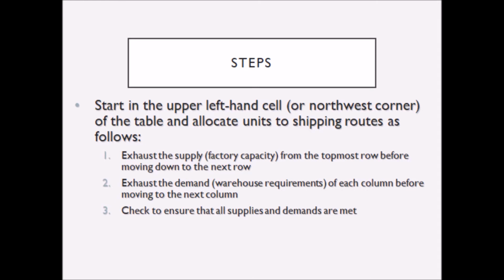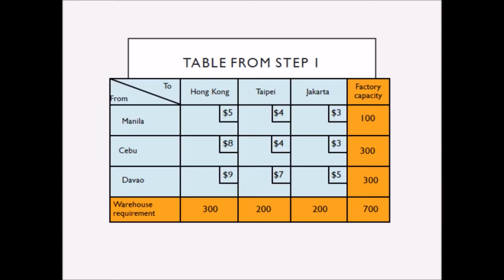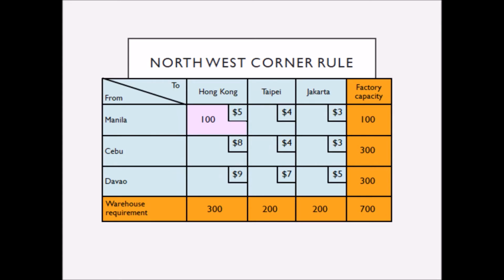So let's now go back to table 1, which we just solved a while ago. Applying the northwest corner rule, we start with the box between Manila and Hong Kong with the supply of 100. Since the factory capacity for Manila has been met, the boxes of Manila to Taipei and Manila to Jakarta will be left blank. Now, let us move on to the second step, wherein we have to exhaust the demand of the first column, which is Hong Kong, which has a warehouse requirement of 300.